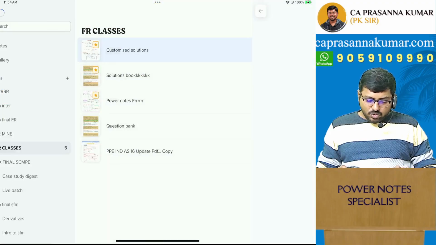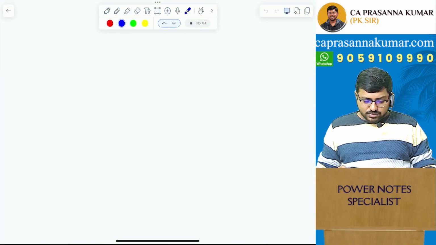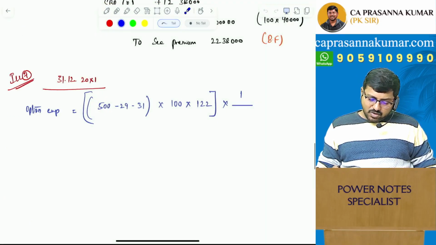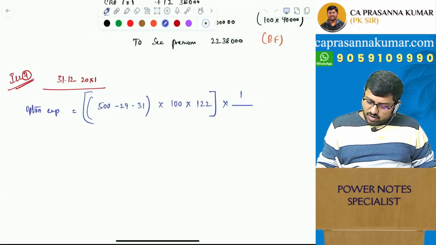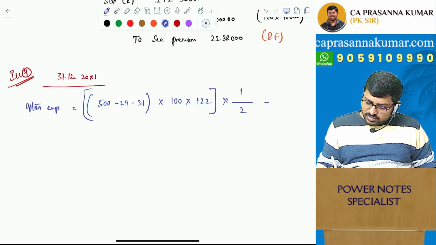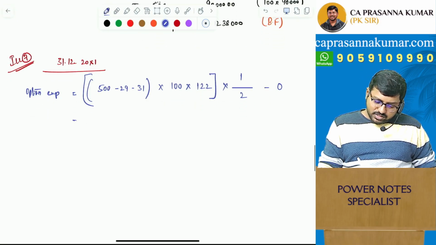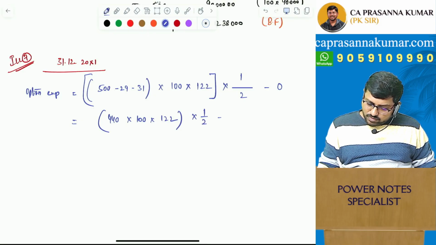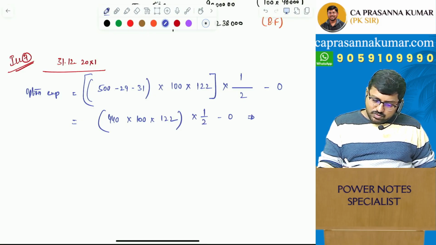Therefore, total vesting period according to you is how much? 2 years only, not 3 years. Minus expenditure recognized in the previous year is 0. So number of employees will be 440 into 100 into 122 into 1 by 2 minus 0. So what will be the expenditure?